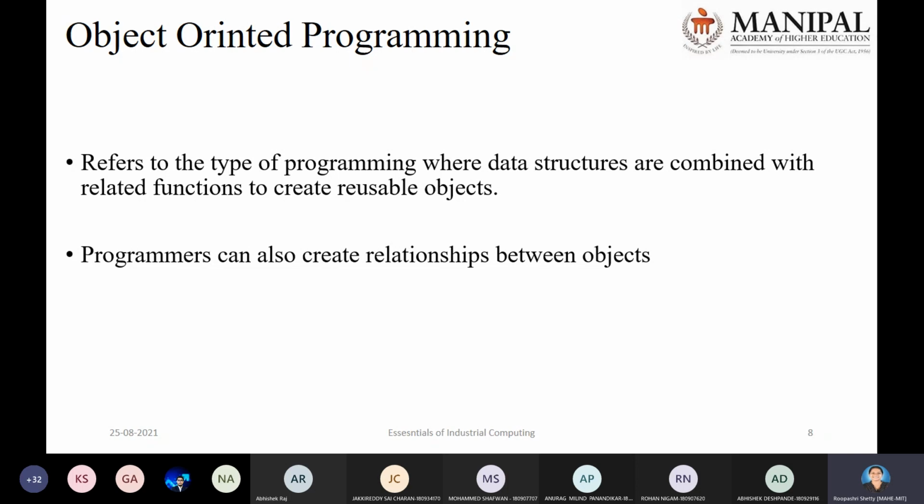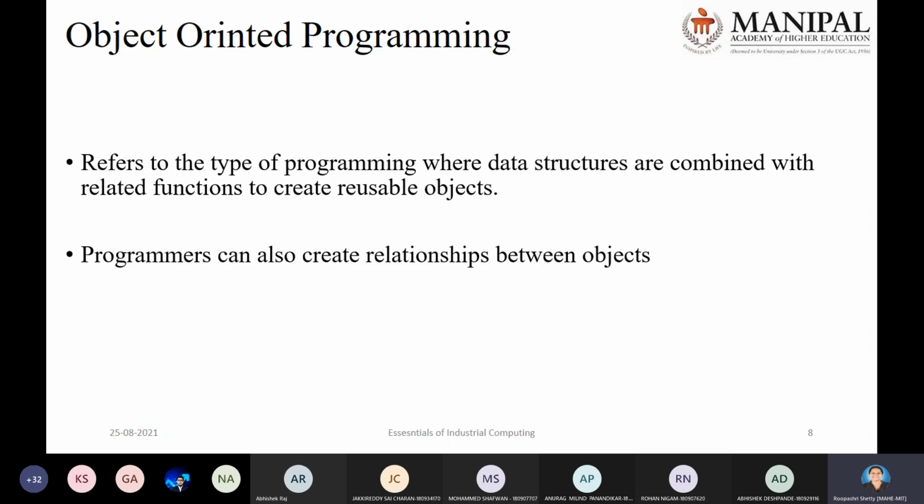So there will be some data and some methods, and these methods operate on the data you mention inside a class, and that gives you one object. These objects are modeled into the applications or into real world entities. Also, programmers can create relationships between the objects in object oriented programming.